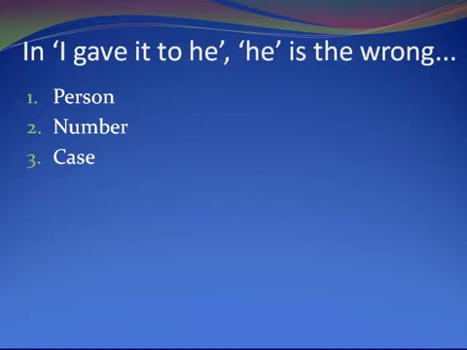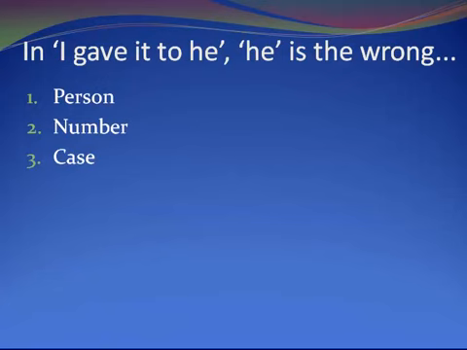Let's try another one. In "I gave it to he", what's wrong? Person, number or case? Now, following a preposition, it doesn't matter which person you have. You could say I gave it to me, first person. I gave it to you, second person.